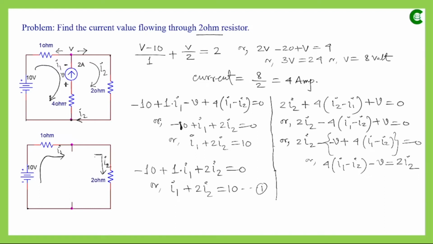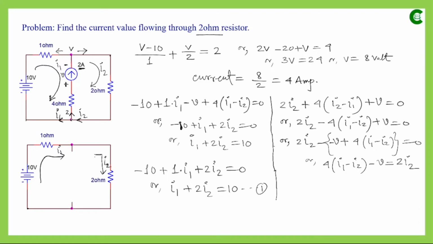If we go by the direction of the current of the first loop, the current is leaving this node. The current through this branch is 2 ampere, the value of this current source, flowing upward, so with respect to that direction this 2 ampere current is leaving this node.